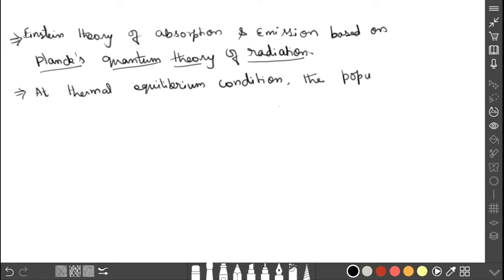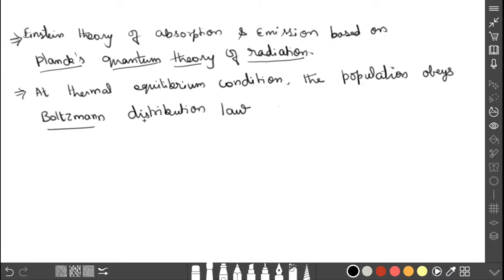Number of atoms in ground state and excited state. How the atoms will be distributed in energy levels, that is based on the Boltzmann distribution law.